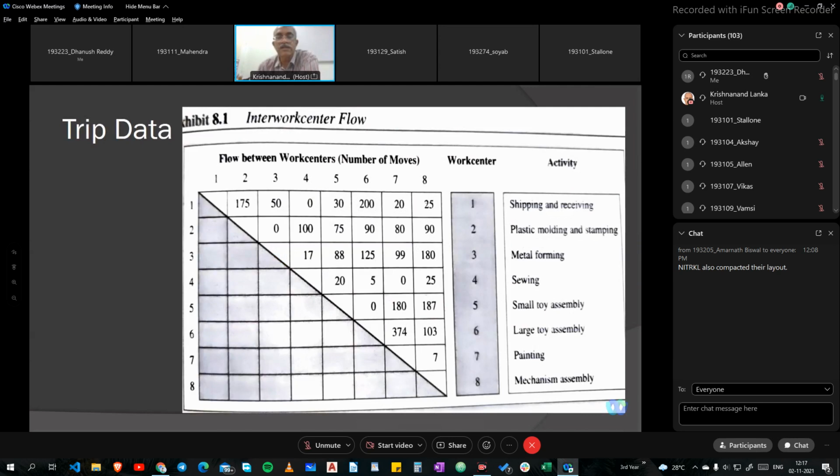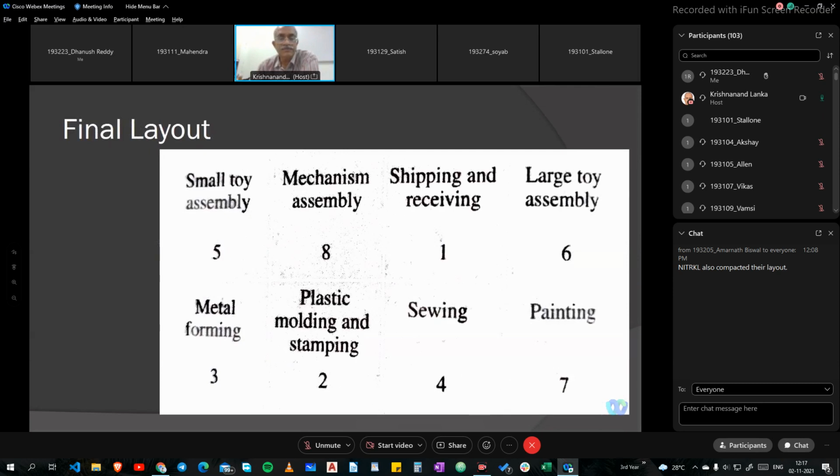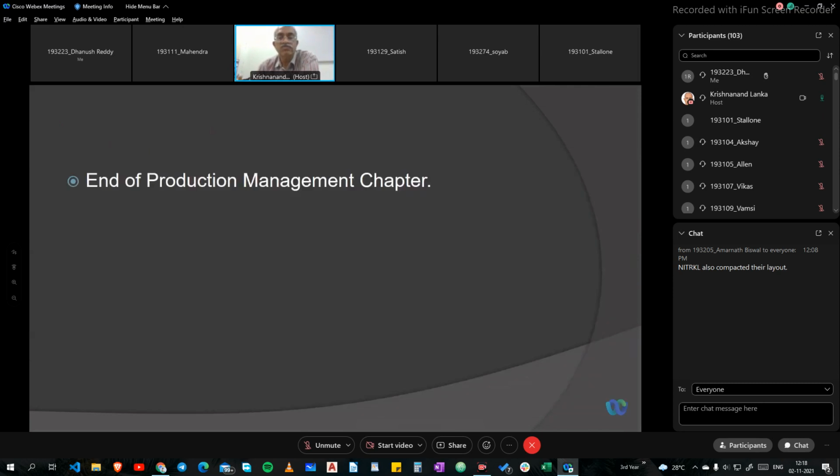Okay, so that is how we try to improve a functional layout.